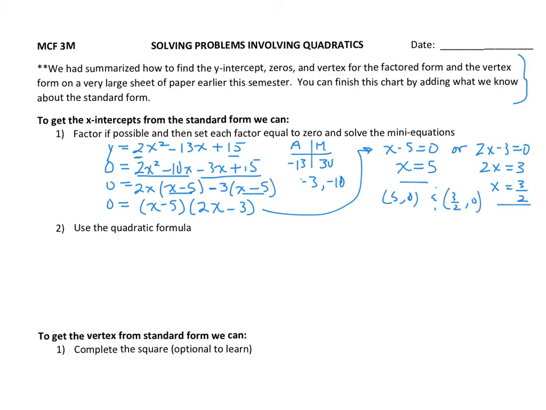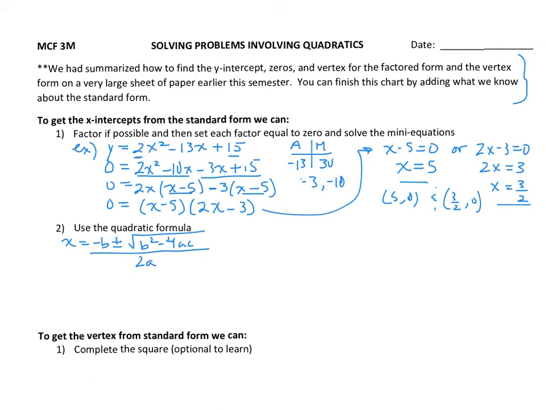All right, now if it won't factor though, this won't work. And for those of you who don't have great factoring skills, you could always go into that quadratic formula. So our quadratic formula is that x equals negative b plus or minus the square root of b squared minus 4ac, all divided by 2a.